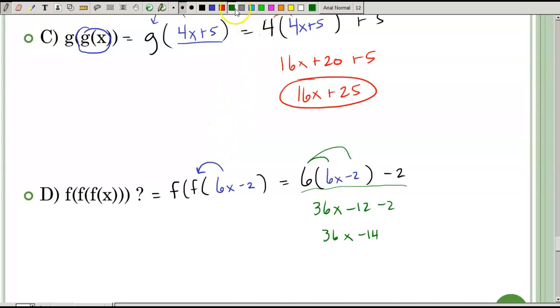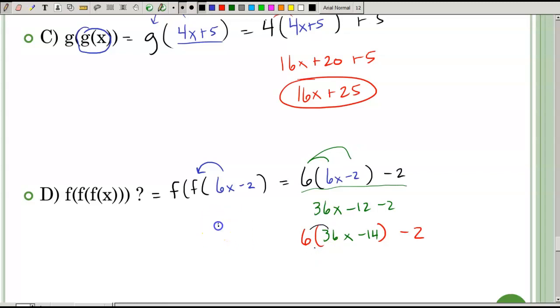Okay. So that is f of f of x. But we'd have to do it one more time if we were to complete this challenge problem. So now I'm going to take this and say this is 6 times the input, minus 2 one more time. So if I did that, and I multiply this again, this would be 6 times 36.